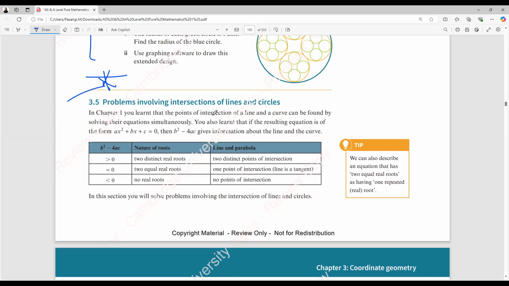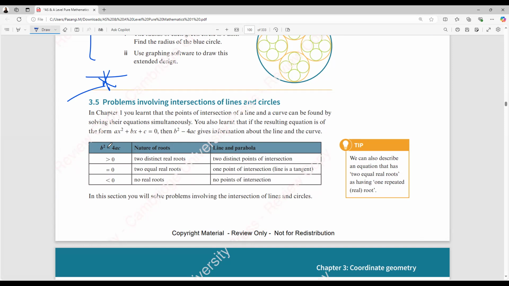If the resulting equation is ax squared plus bx plus c equals 0, then b squared minus 4ac gives information about the line and the curve.